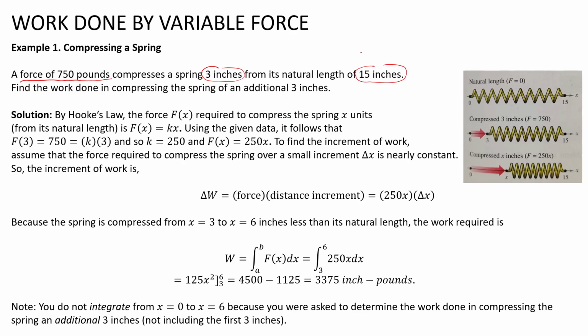So from 15, compressing by 3 inches with a 750 pound force, the length is now 12 inches, right? Find the work done in compressing the spring an additional 3 inches. So from 15 compressing by 3 inches, then further compressing by another 3 inches, the remaining length is now 9.